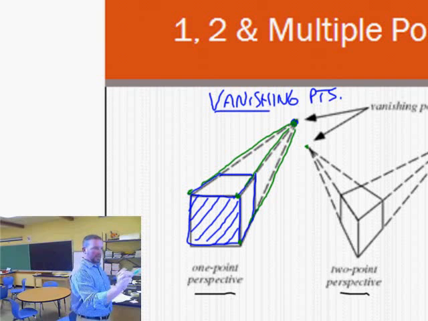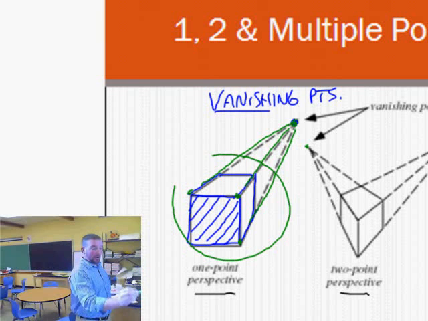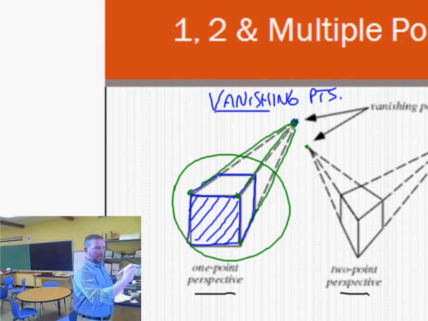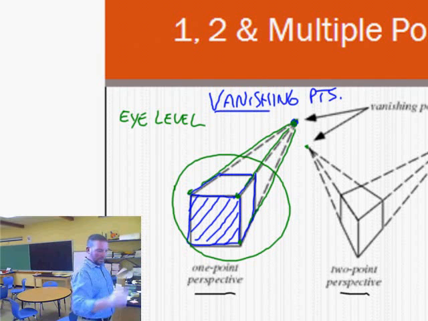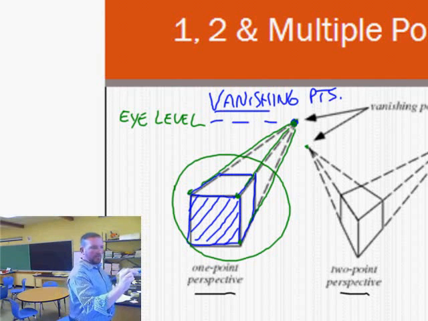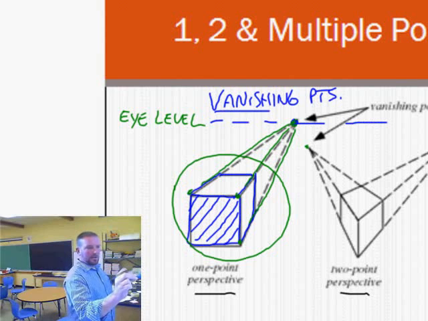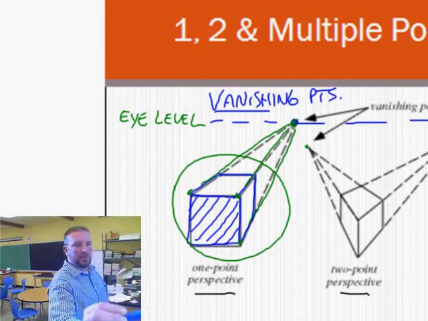In this case, the aerial perspective view of this is below my eye level. So this is an imaginary line. If I'm 5'10", this line is 5'10".